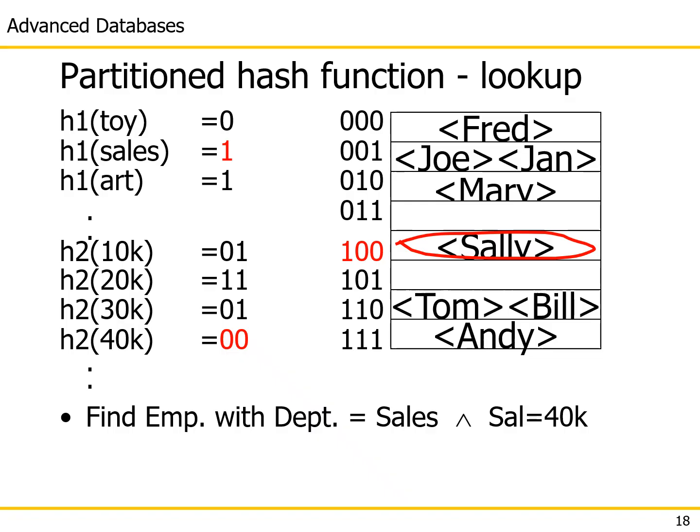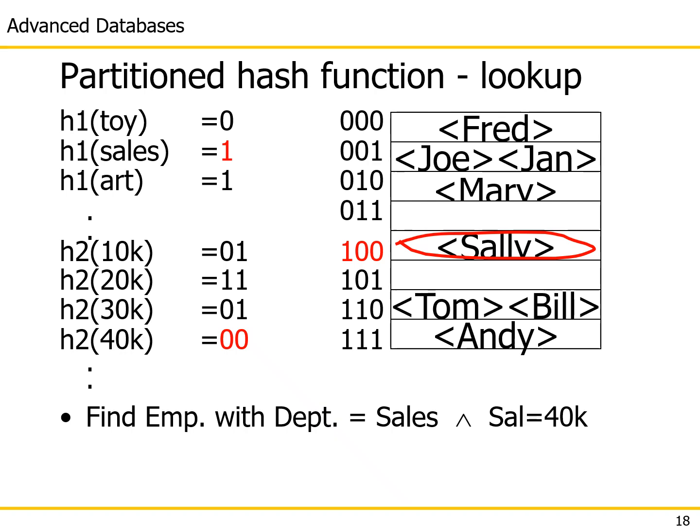As long as I follow the same rule in insertion and in the search later on, then I will find it. Because when I was inserting Sally, I did the same thing. Sally was in sales and her salary was 40K. So I hashed sales, it was 1, I hashed 40K, it was 0, 0, so it's 1, 0, 0, and I put Sally's row reference there.